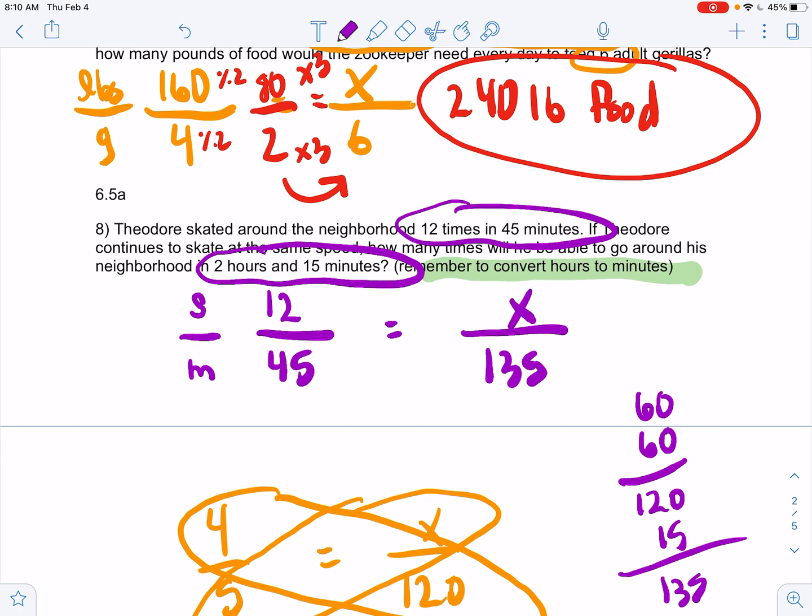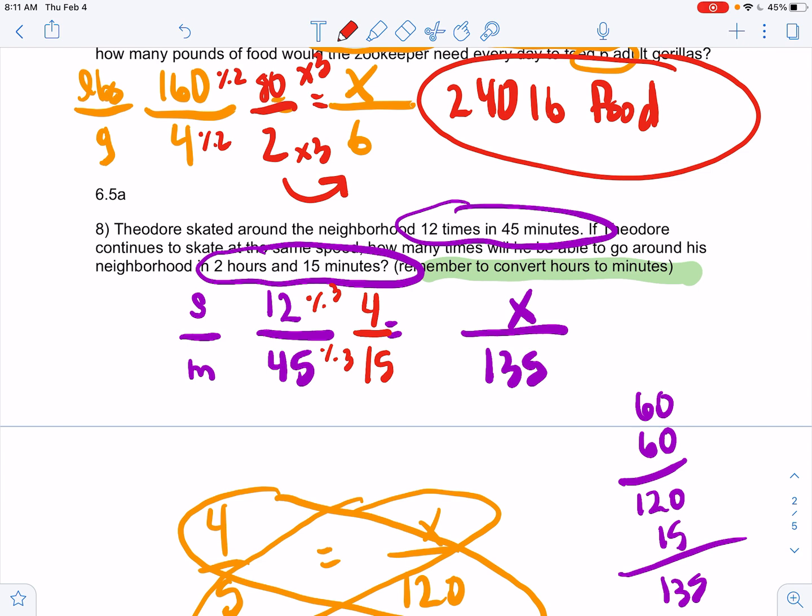Okay. I see that 12 and 45 can be simplified by 3. 12 divided by 3 is 4. 3 will go into 45 15 times. I just thought that this would make this easier. Again, y'all can see making the equivalent fractions.